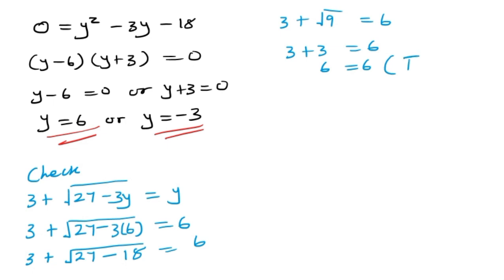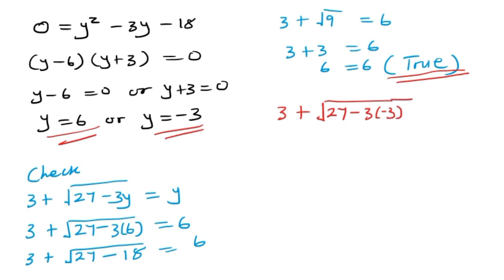So this solution is true. We take note that this one is true. Now let's check for minus 3. It's the same thing: 3 plus the square root of 27 minus 3 times y equals y. So we have 3 plus the square root of 27 minus 3 times minus 3.